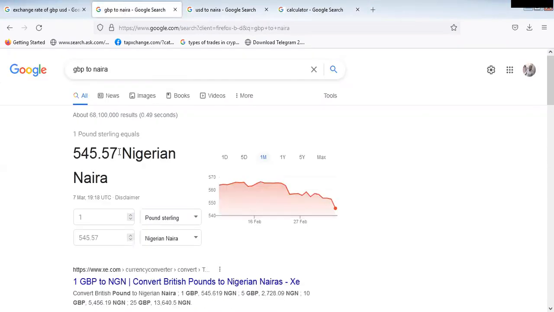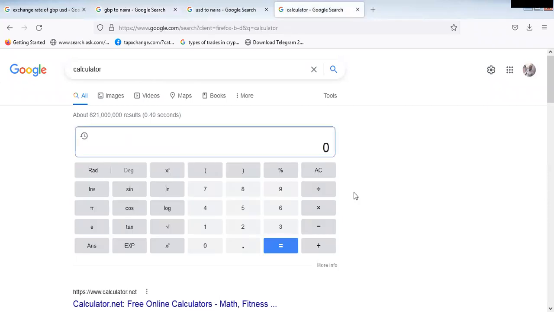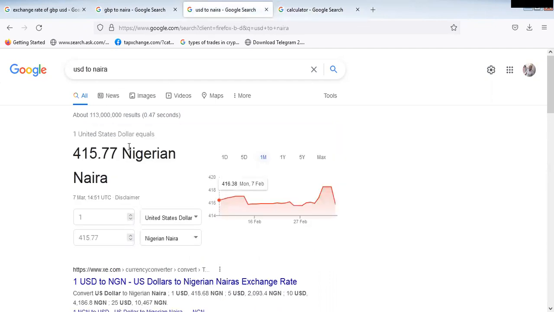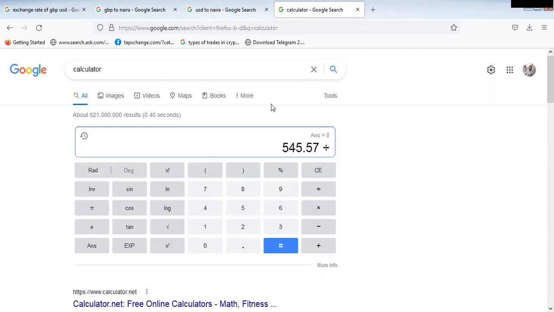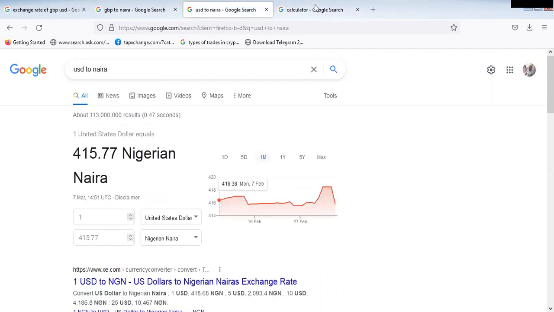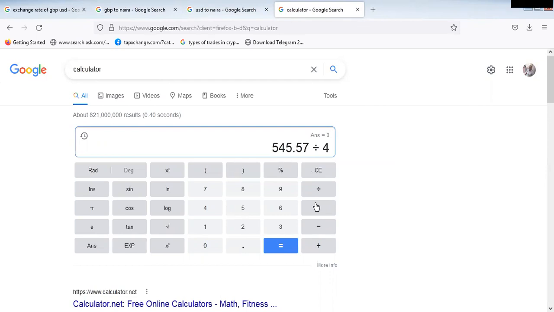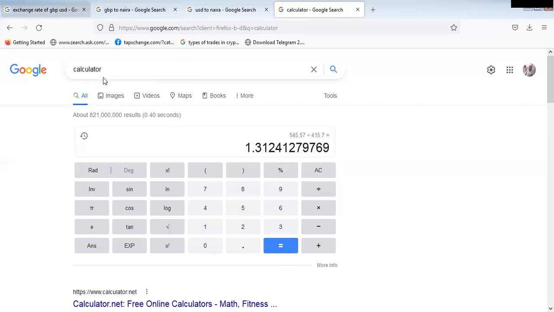If I have 545.57, I paste it here, divided by the other one, 415.777. Just do the mathematics of this. Can you see that this value is exactly the exchange rate we checked previously?